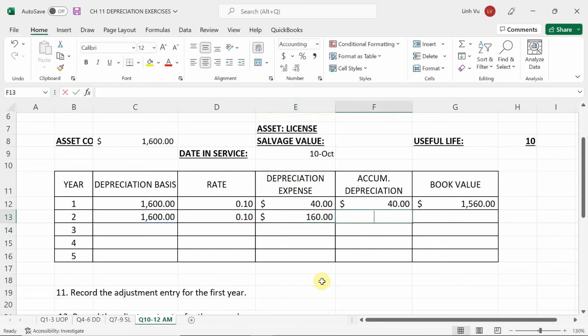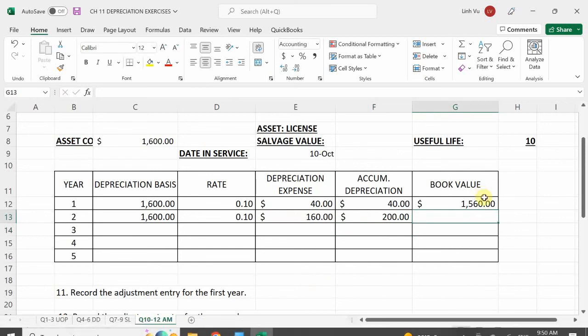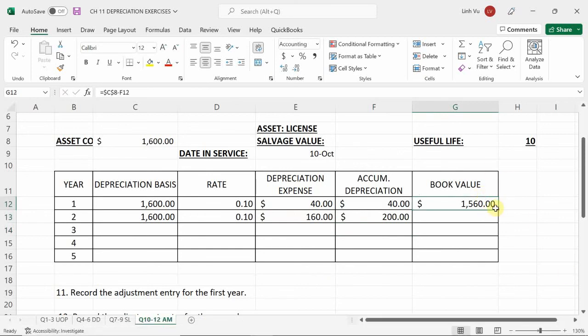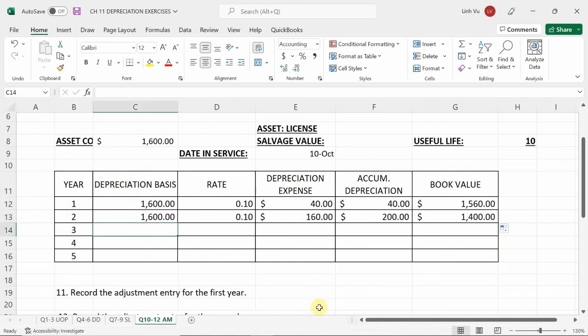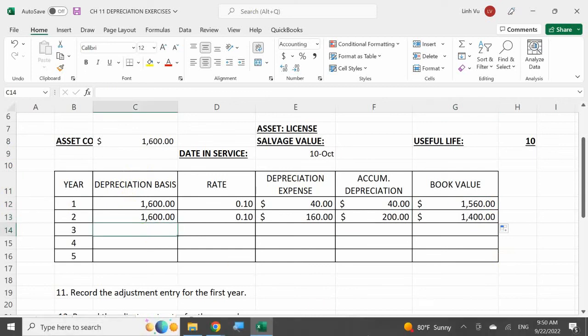$160. So what is my accumulated amortization? $200. So therefore, book value is going to be 1,400. Okay. So what is my amortization basis going to be for year 3?